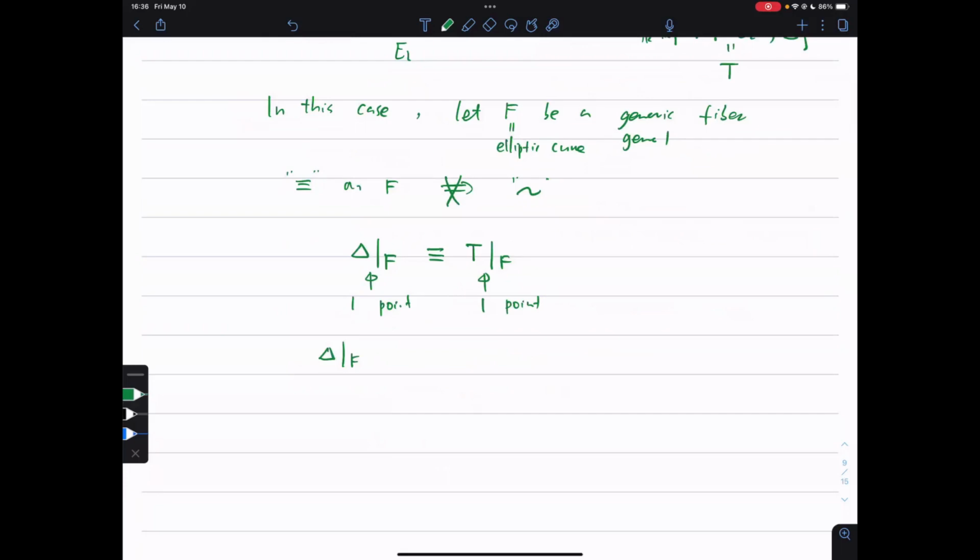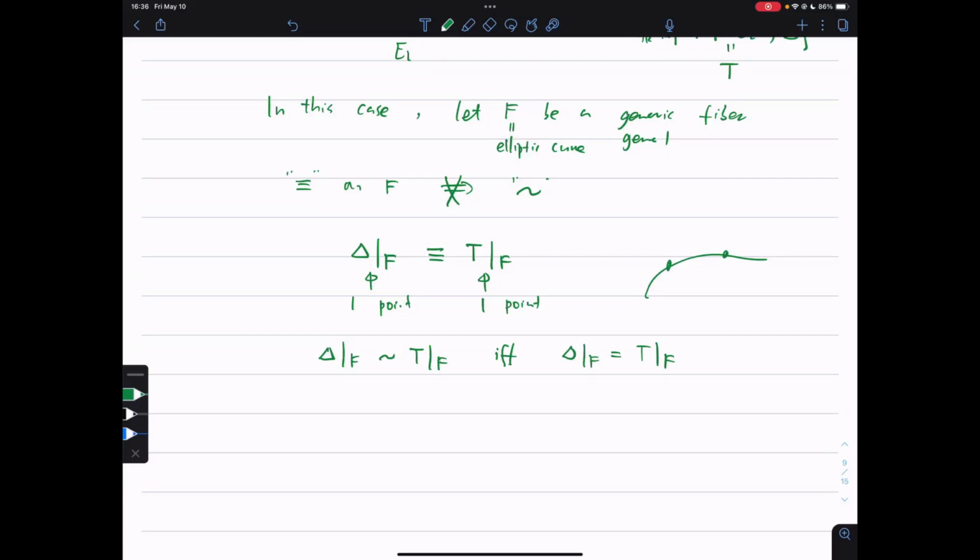However, the two divisors are linearly equivalent if and only if they are the same. On an elliptic curve, two divisors are linearly equivalent only if they coincide. So in this case, they are not the same.